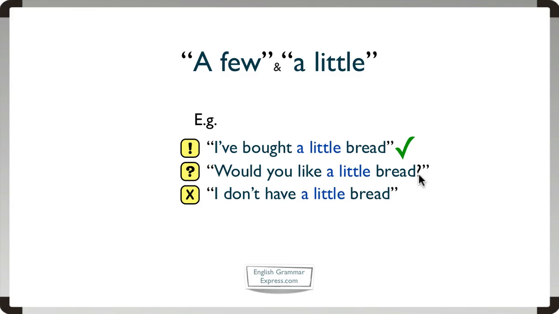And the answer is, yes, we can. A little is fine with questions. And finally, can we use a little with negatives? For example, I don't have a little bread. And the answer is, no, we can't. In the negative, instead of a little, we should use any or much.